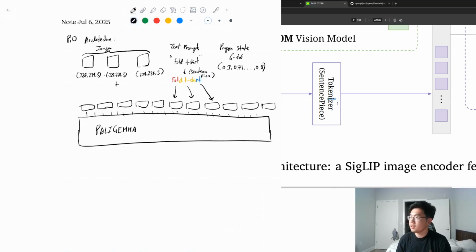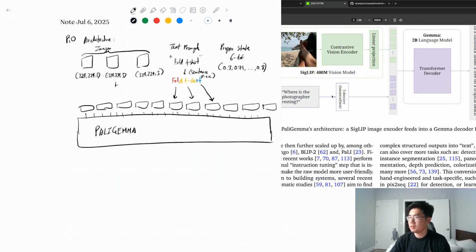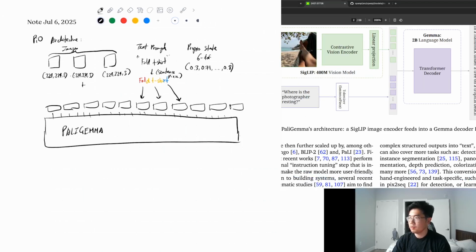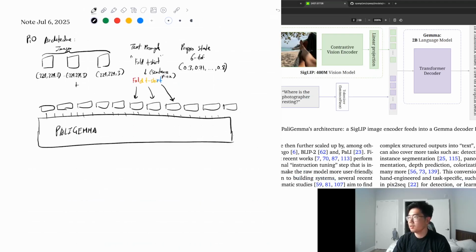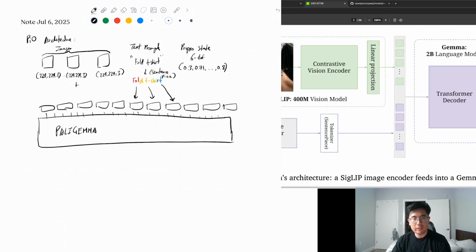I realize you guys don't see this super well. It seems like they use SentencePiece, and for the images it's some linear projection, a contrastive vision encoder.